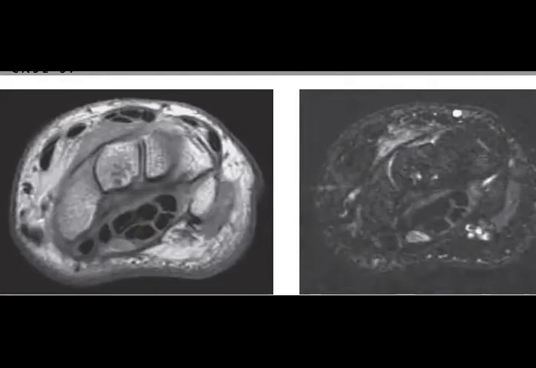It will be carpal tunnel, yeah, carpal tunnel syndrome. Okay, yes, you will confirm this clinically, but you will suggest that it could be carpal tunnel syndrome.